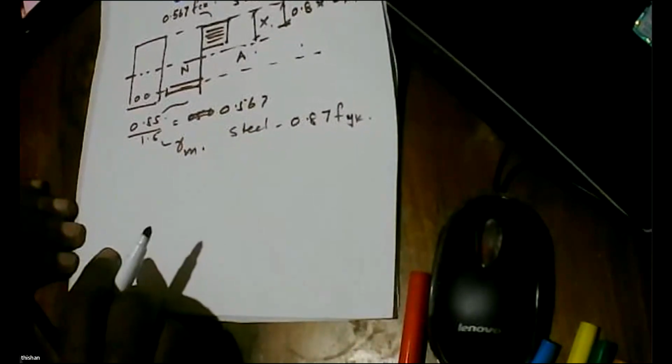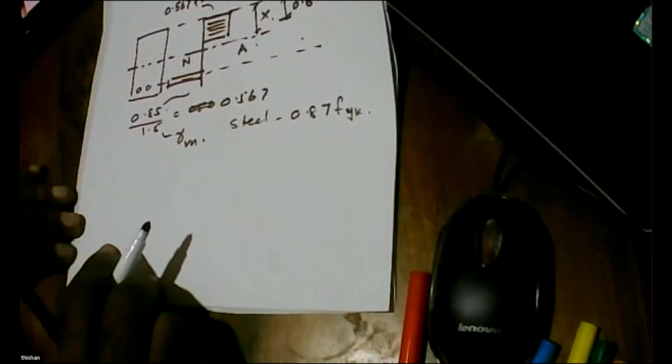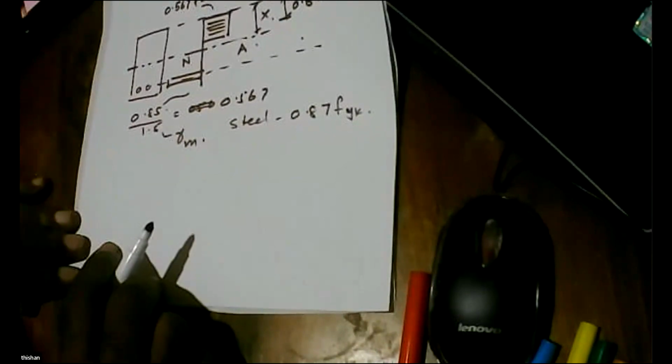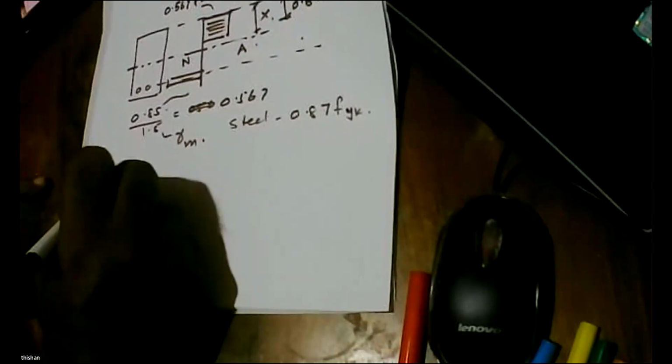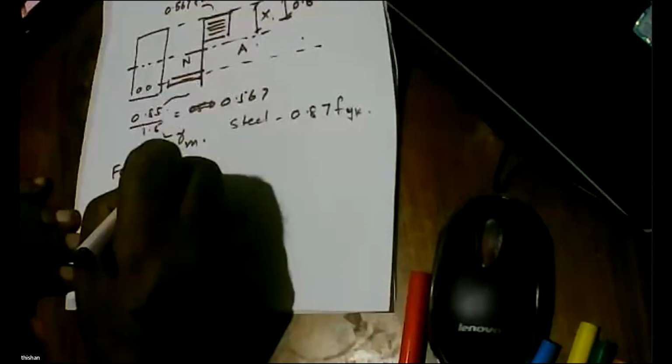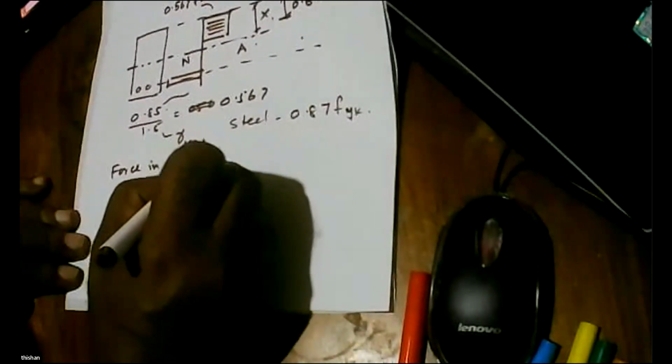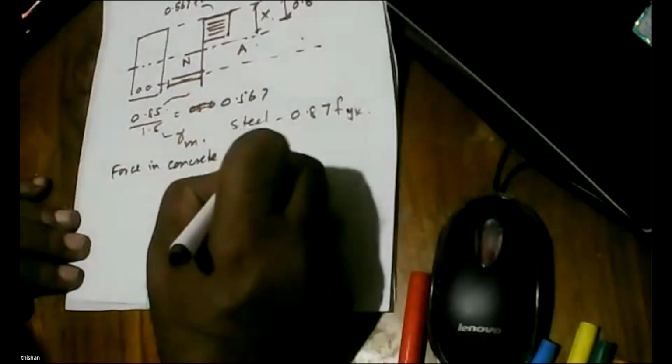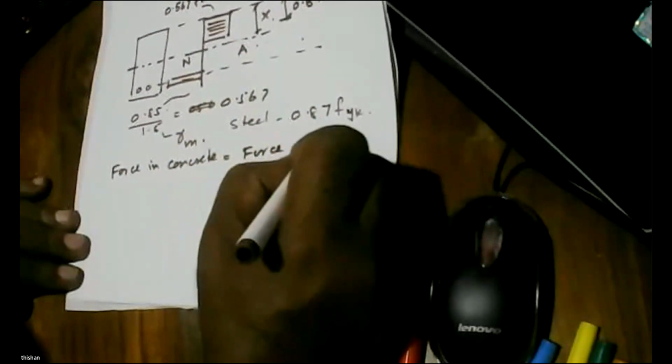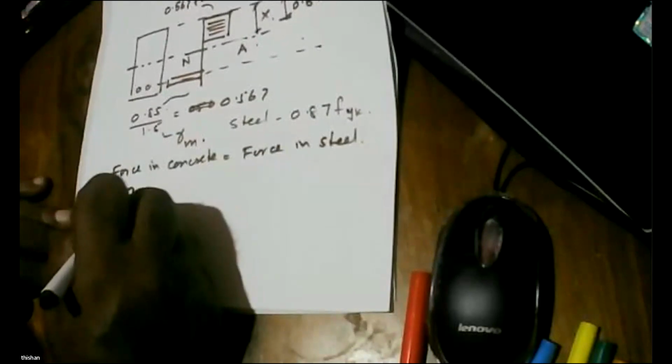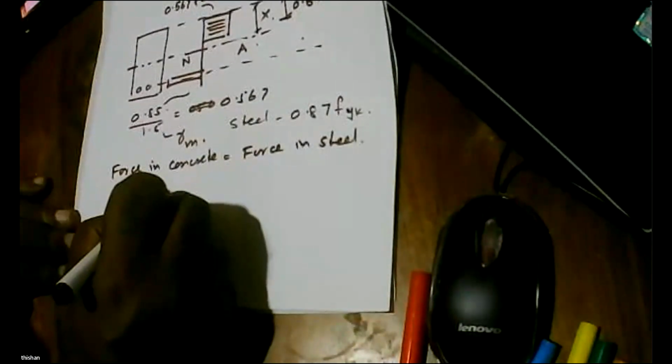We know what is fck, that is the cylinder strength. So what is the first thing we can say? Force in concrete is equal to force in steel. That is the section equilibrium.